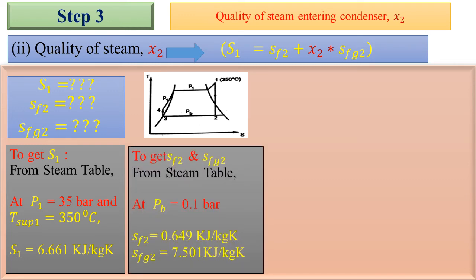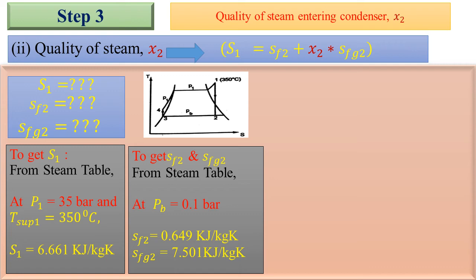But now to get SF2 and SFG2, again from the steam table, but now we will refer to the pressure based steam table, because SF2 and SFG2 stand for the process 2 to 3. We can see for point 2 we know only pressure and we don't know temperature.